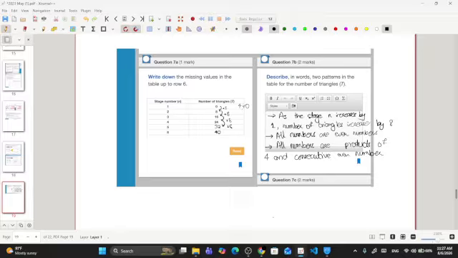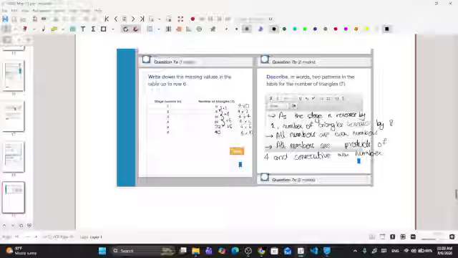So 4 times 0 is 0. 4 times 2 is 8. 4 times 4 is 16. 4 times 6 is 24. 4 times 8 is 32. And 4 times 10 is 40. So what's essentially happening? The even numbers are basically piling up with each other, and they're being multiplied with 4 to give us the total number of triangles. Does that make sense? Yeah.